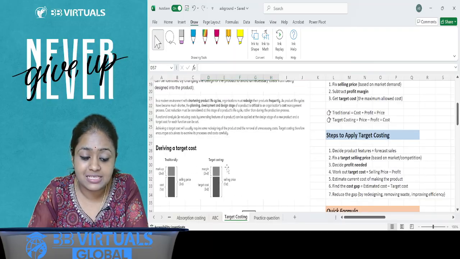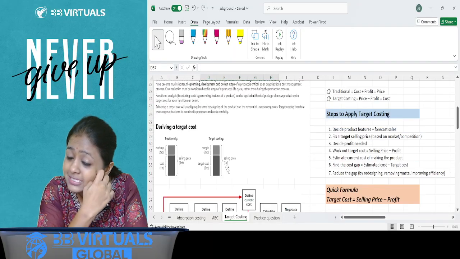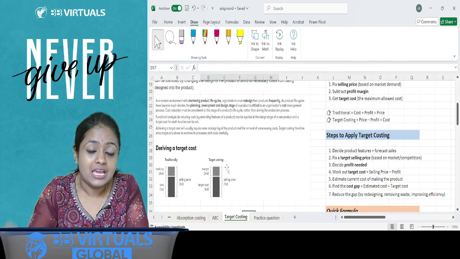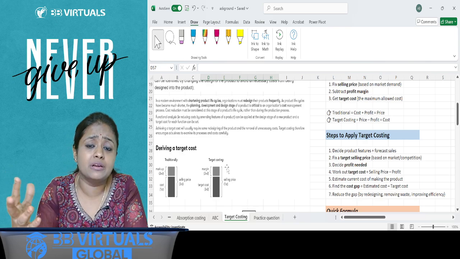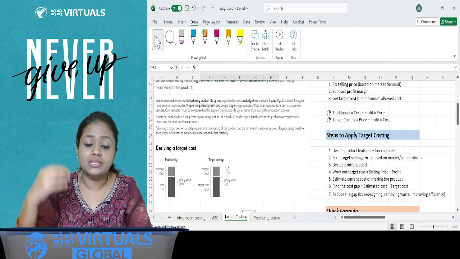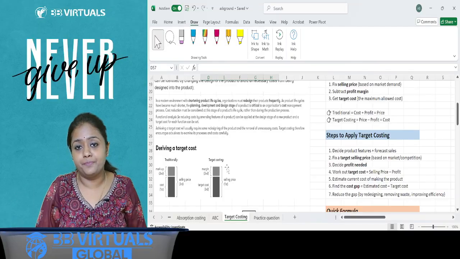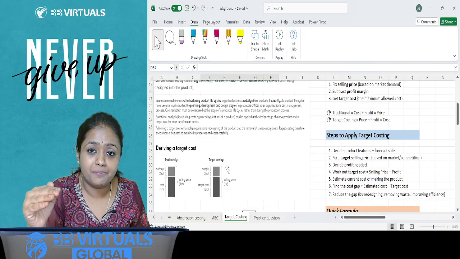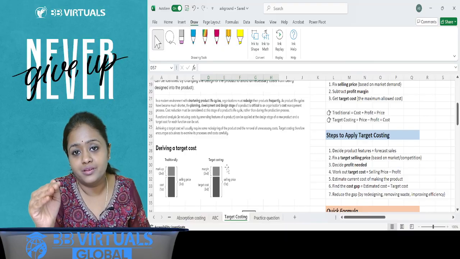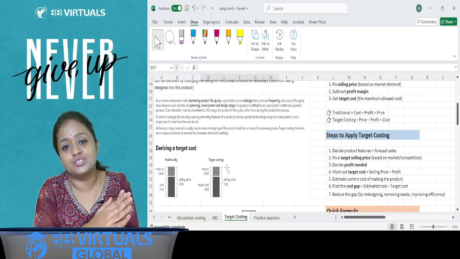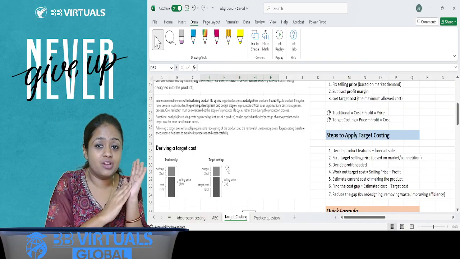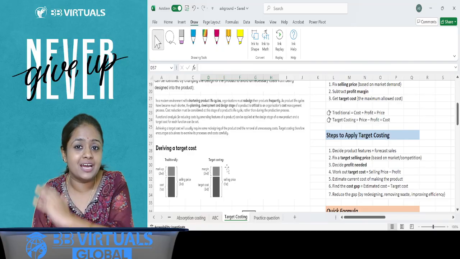So target costing simply says that, boss, in your designing phase, in your research phase, when you're developing the product, when you're designing the product, that is the perfect time when you can afford to reduce the cost of the product from your actual levels to the desired target cost.